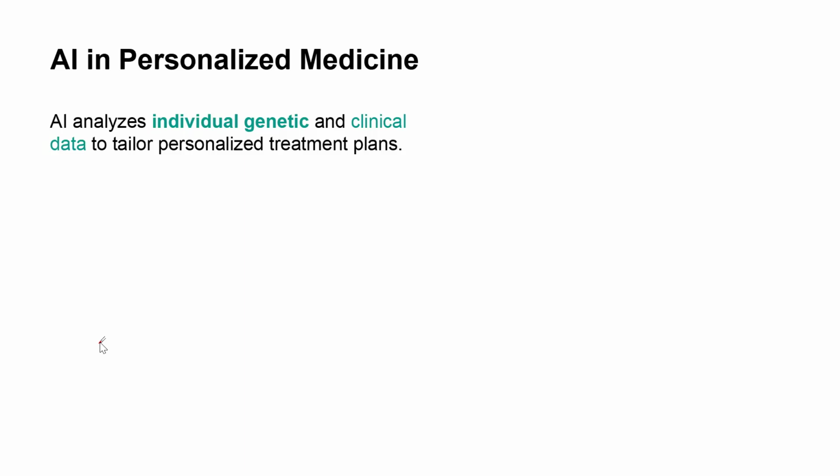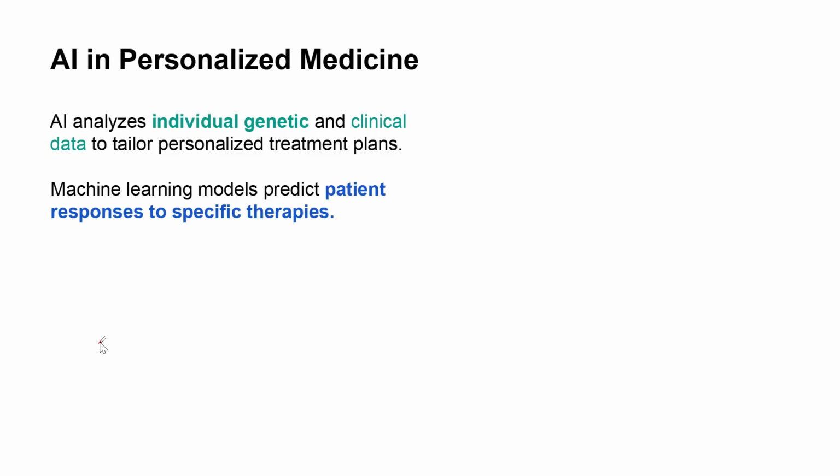You can look at an individual, analyze the clinical data as well as the individual genetic data, and from there you will be able to map the entire genome as well as the clinical data, which can help to tailor a treatment to that specific individual. So that is why AI is very important in personalized medicine. Machine learning models also predict patient responses to specific therapies.